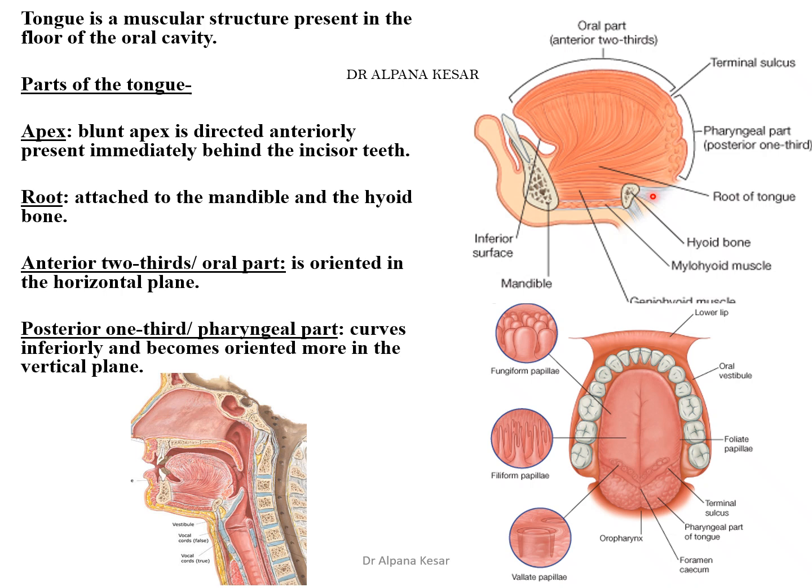The entire tongue is divided into two parts: anterior 2/3 and posterior 1/3. This is anterior 2/3 and this is posterior 1/3.